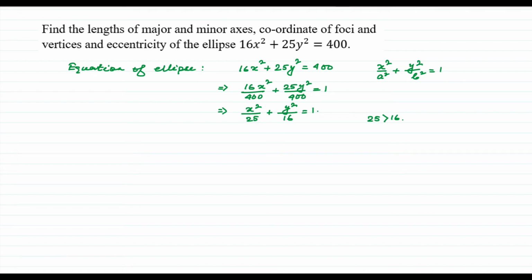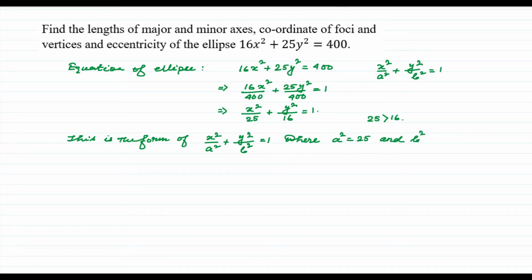So if we compare this equation, this is the form of x square by a square plus y square by b square equals 1, where a square means 25 and b square is 16.